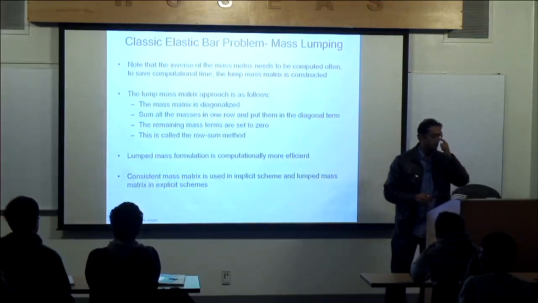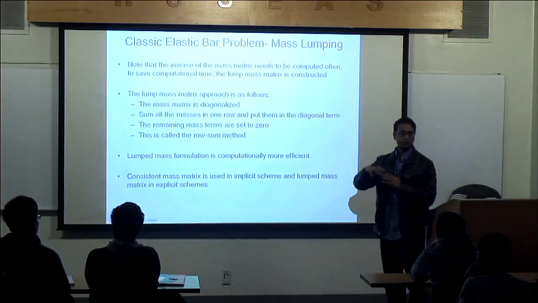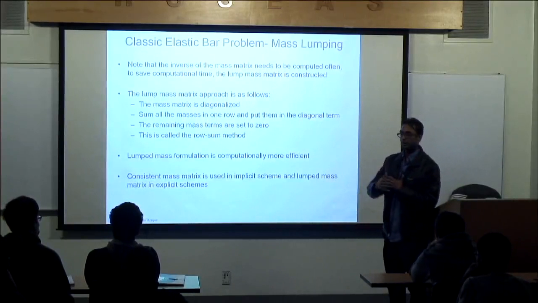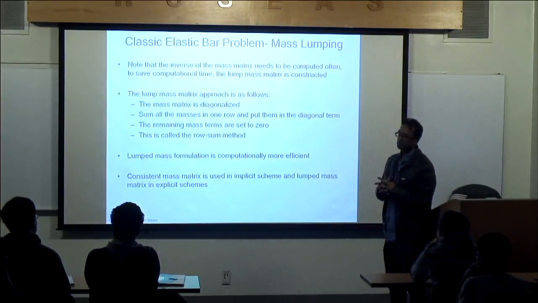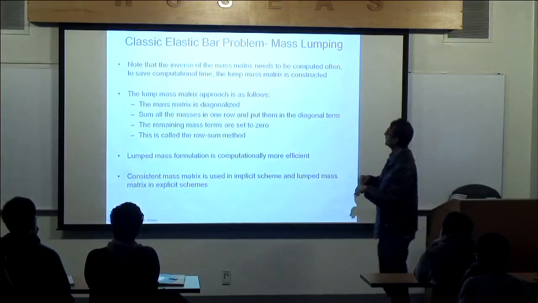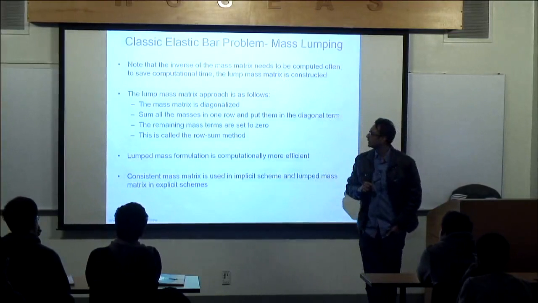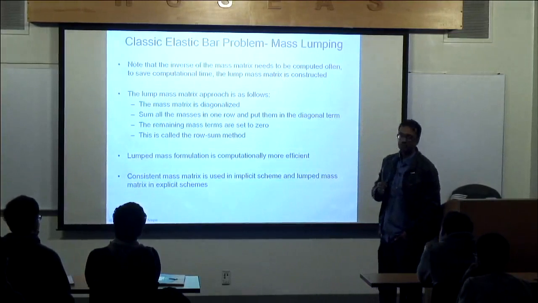Now I want you to note something: the mass matrix has to be inverted often, right? I have to invert that often. And to save computational time, what Abacus is doing is using something called a lump mass matrix. They're constructing a lump mass matrix. There are several ways to lump the masses to make them diagonal.